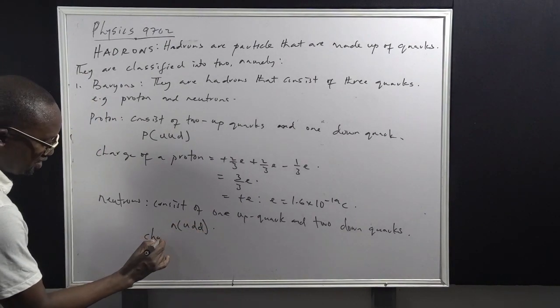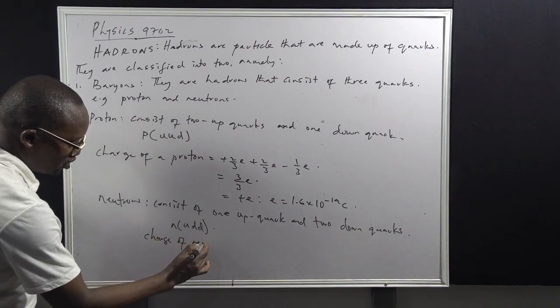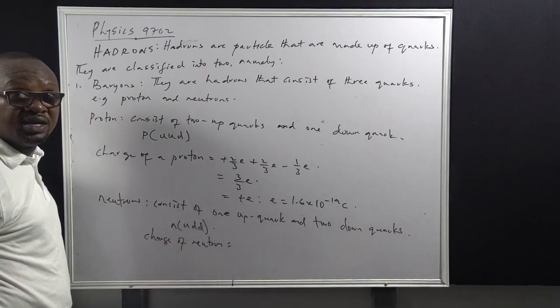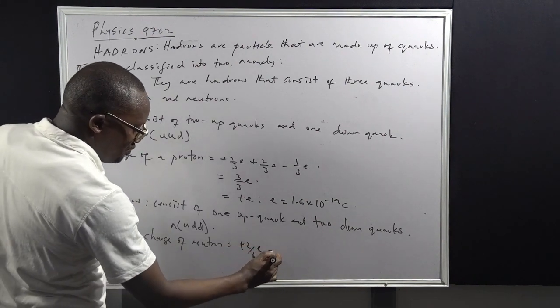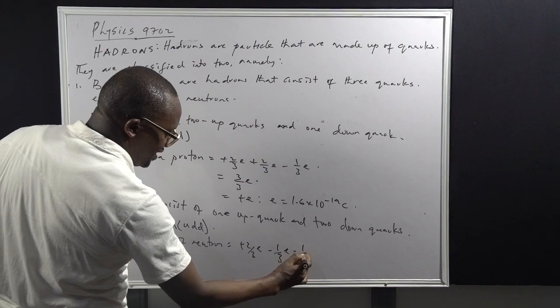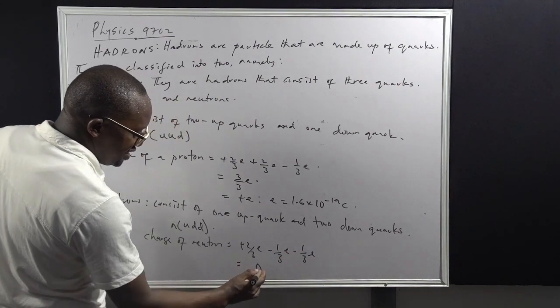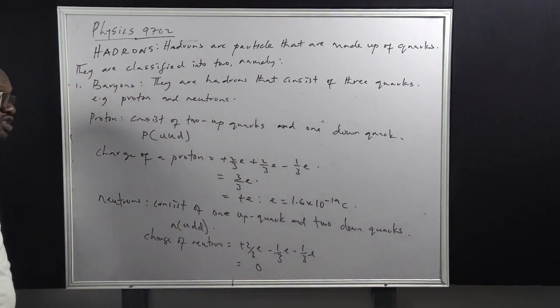So the charge of neutron will just be the charge of one up quark, plus 2 over 3e, plus the charge of two down quarks, minus 1 over 3e minus 1 over 3e. And this will give you 0. So the charge of a neutron is 0. That's why we say that a neutron is electrically neutral.